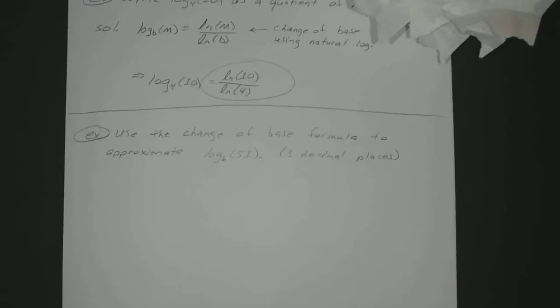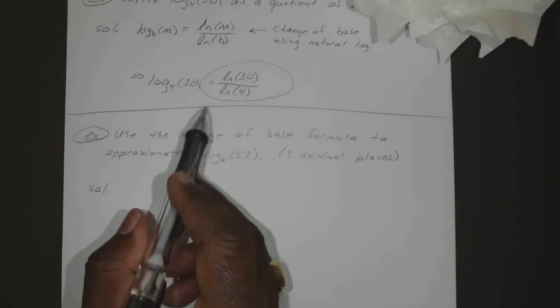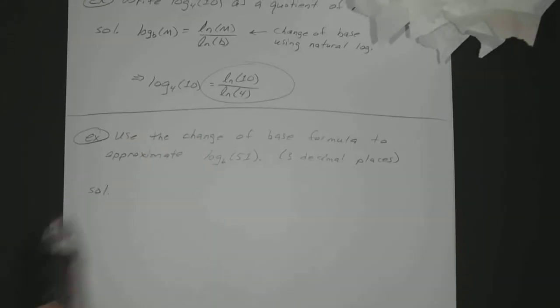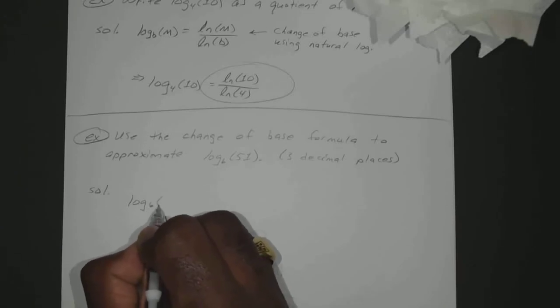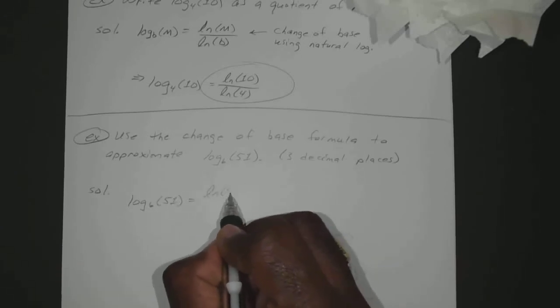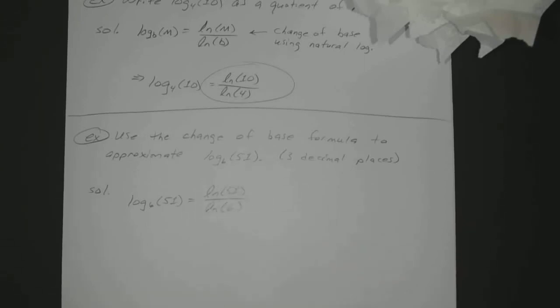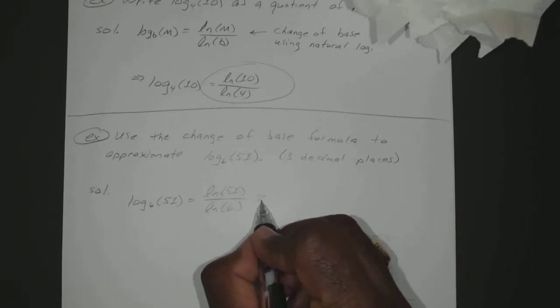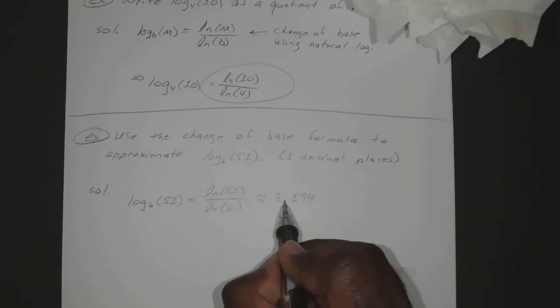Move that up a little bit. Okay, so we know just using the change of base formula that we used up here, that log base 6 of 51 equals the natural log of 51 over the natural log of 6. Okay, so if you plug that into your calculator, you would actually get 2.194.